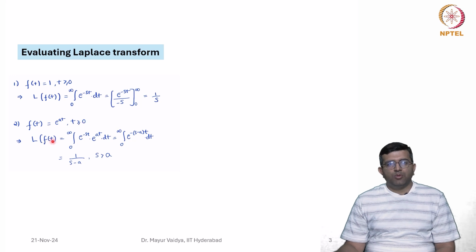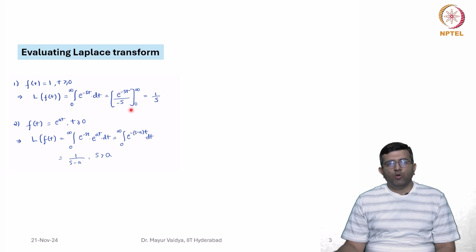Now the Laplace transform of f of t would be the integral from 0 to infinity of e power minus st into e power at dt, which is equal to the integral from 0 to infinity of e power minus (s minus a)t dt. Remember again here the integration variable is t, so s minus a is like a constant when you are evaluating this integral.